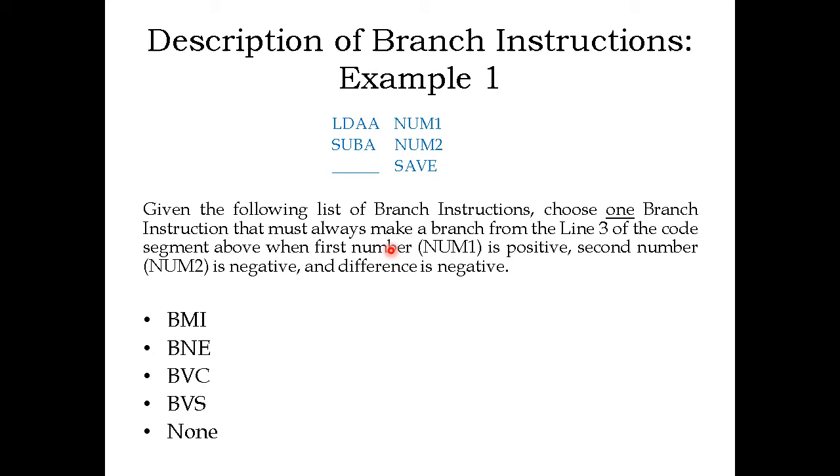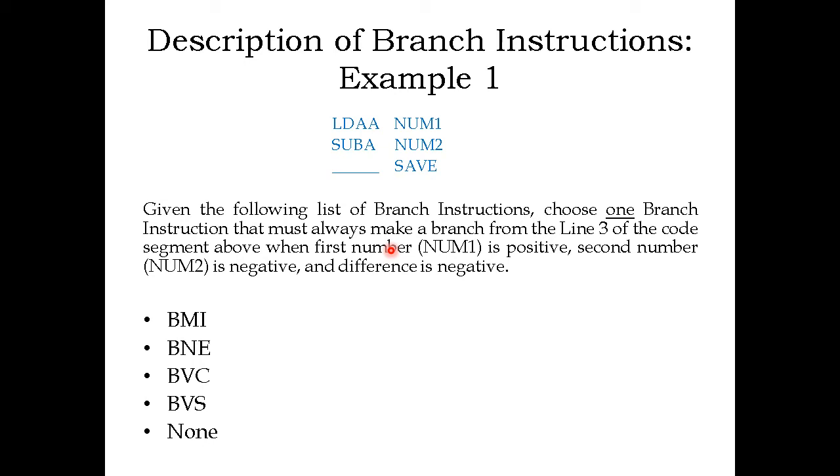Do you see this? Because this is one of the conditions for the V flag to be set in the case of subtraction. So we can at least tell that the V flag will be set after this, even if we don't know number 1, number 2, or the difference. Now from this information, can we select one of the branches from the list at the bottom which will always make?